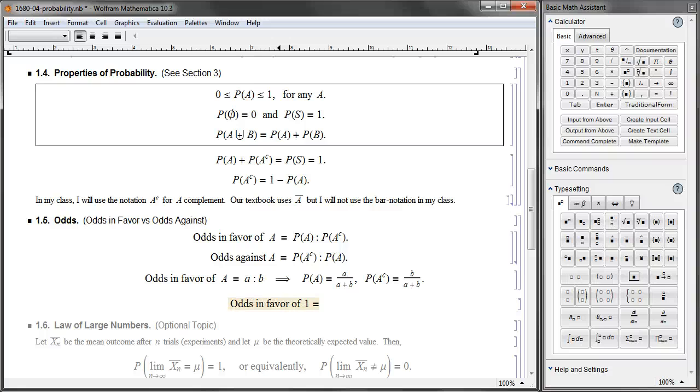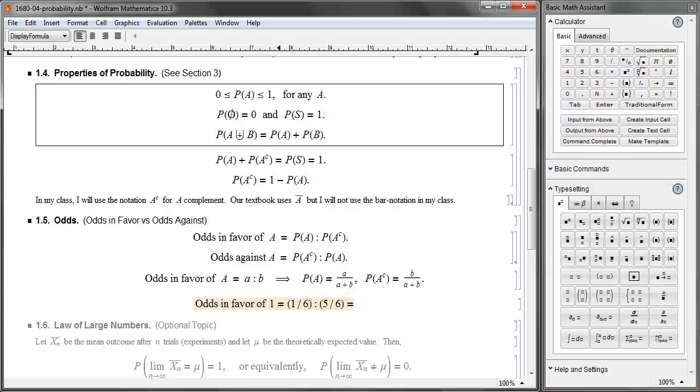Odds in favor of an ace when you roll a die is equivalent to: what's the probability of getting an ace? 1/6 when you roll a die. What's the probability of getting the other event? It's 5/6. And this proportion is nothing more than a fraction here. This one is a fraction. So we have cancellation. Denominators just cancel each other.